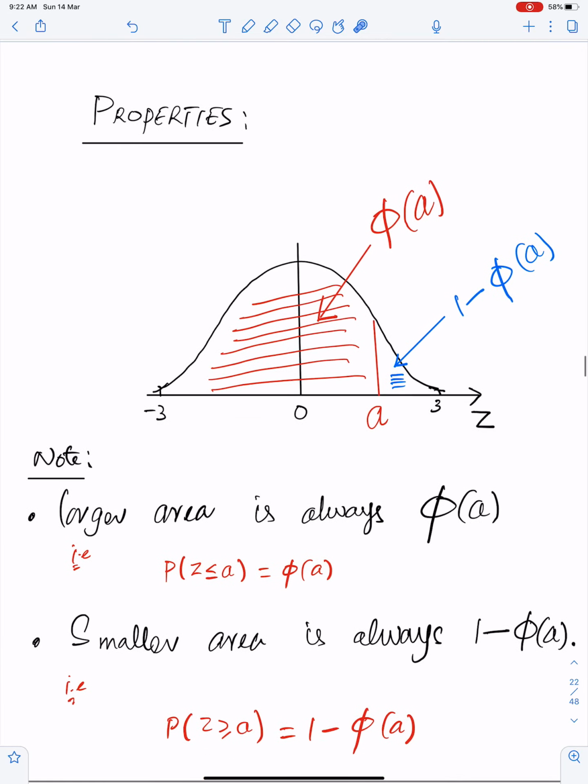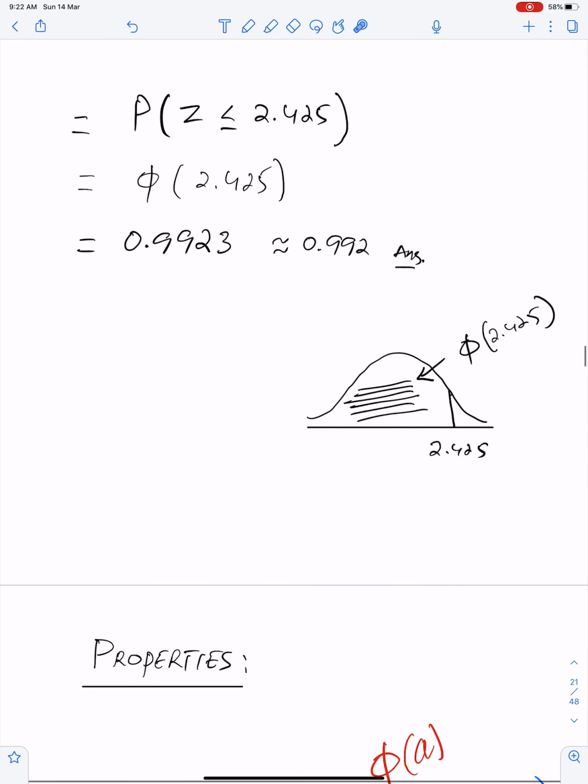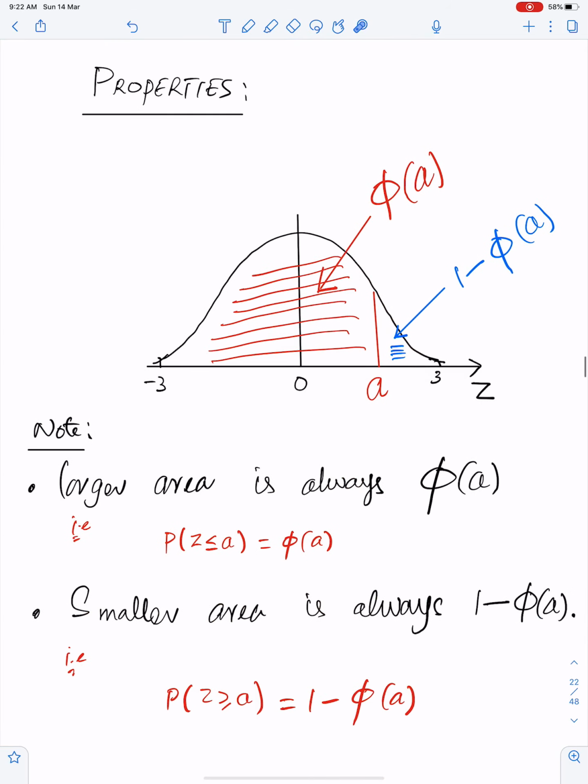Now, here I will discuss how I got phi here. Properties of normal distribution. I told you, this is the larger area. This is always phi. Larger area means greater than 0.5. If the area is greater than 0.5, then we call that area the larger area.